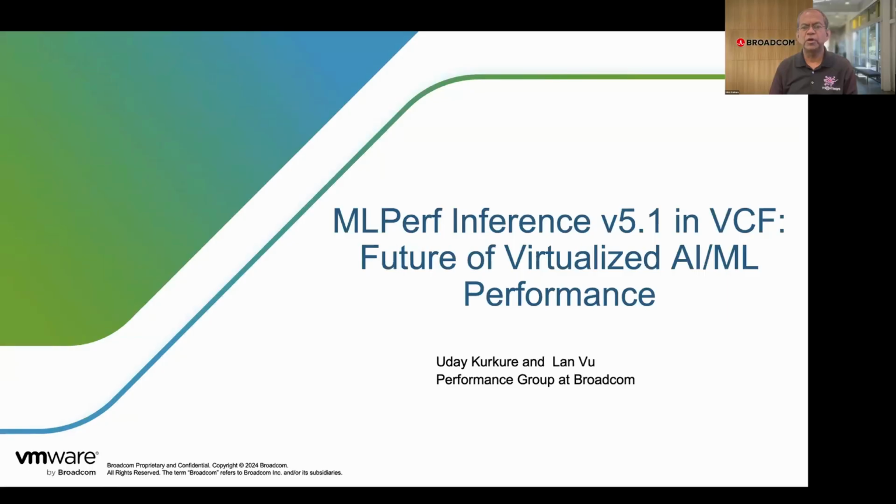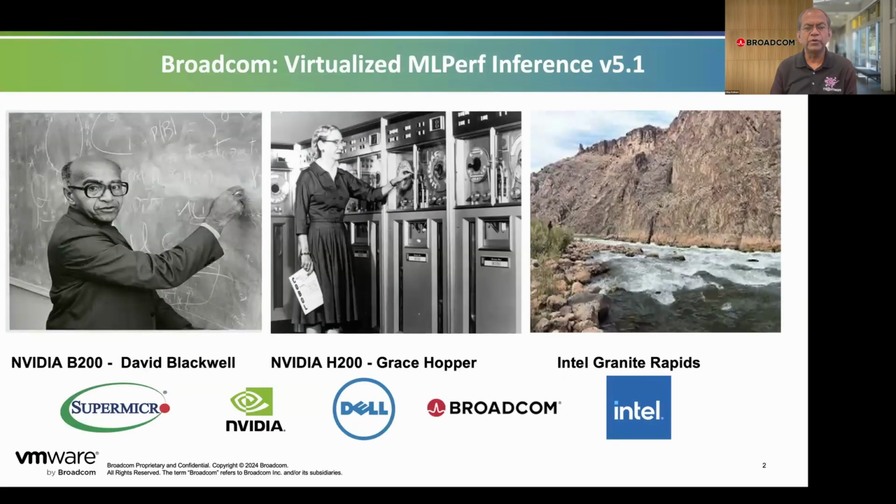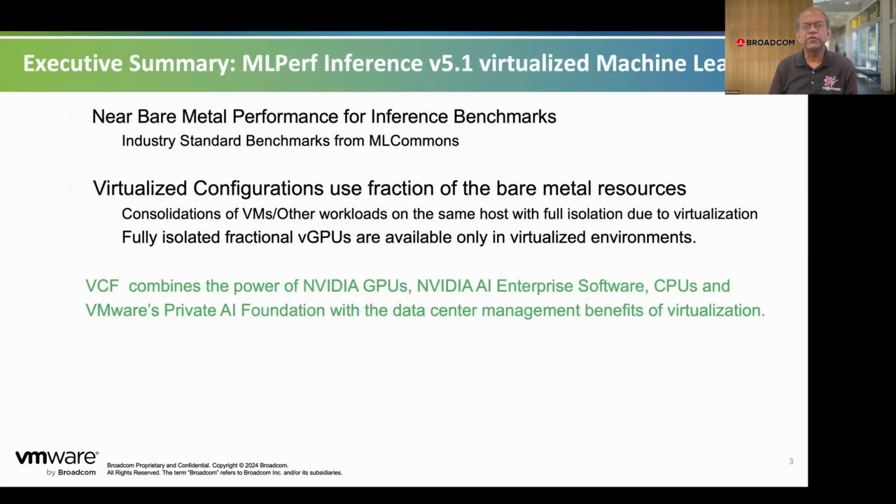We are going to talk today about MLPerf Inference version 5.1 and how it works in VCF when we virtualize all the benchmarks. We partnered with SuperMicro, Dell, and Intel. Our MLPerf Inference v5.1 results show that when you virtualize the AI/ML workloads, you get near bare metal performance. In addition, virtualized configurations use a fraction of the bare metal resources.